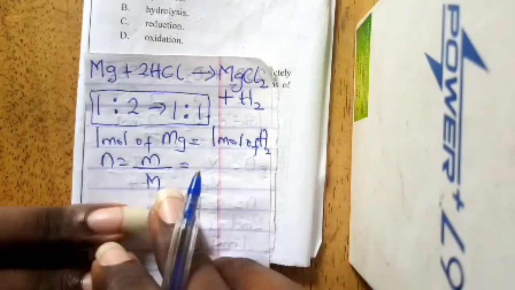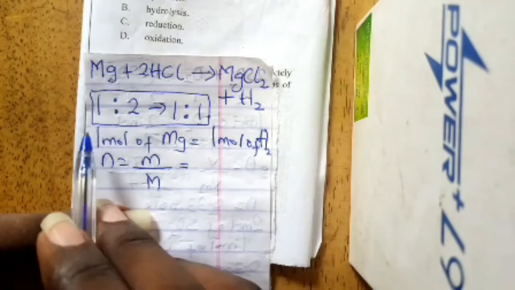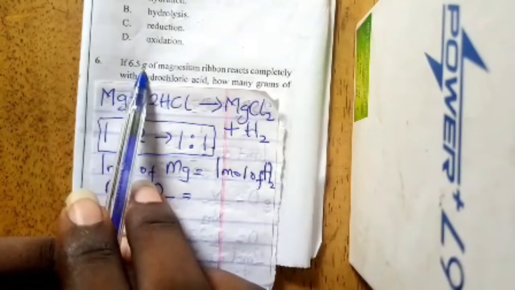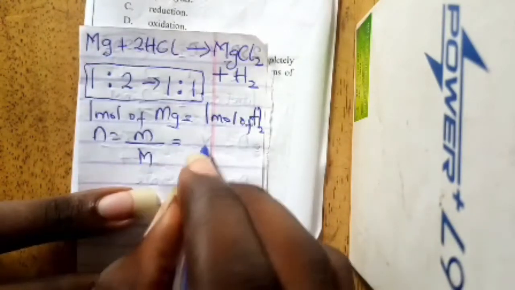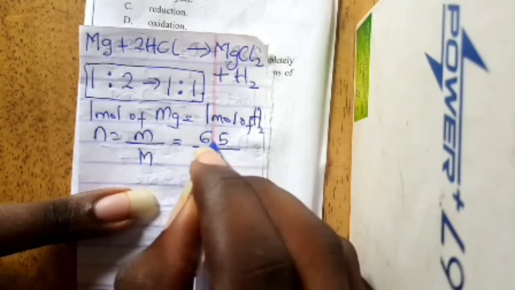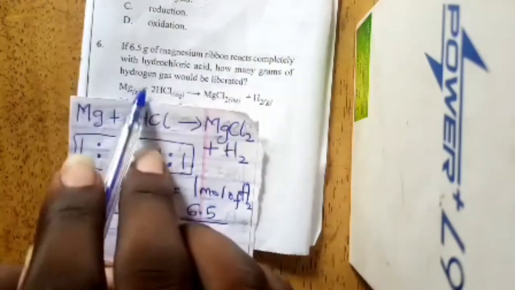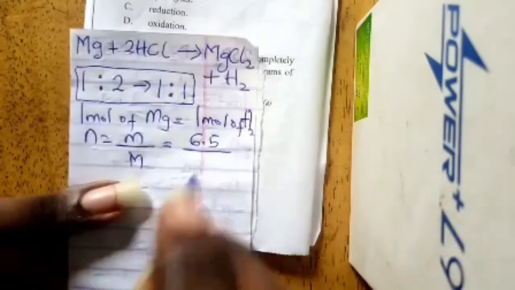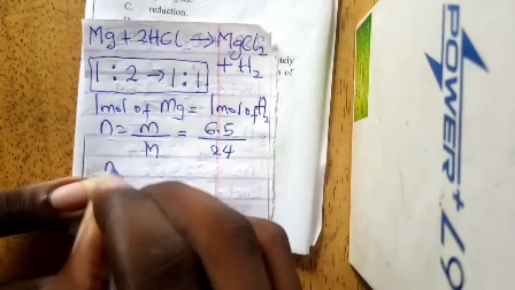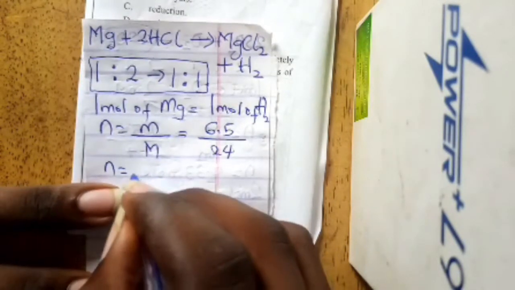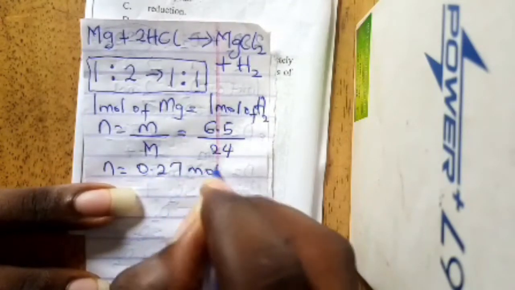So to find the new number of mole now, since we are told 6.5 grams of magnesium, the reacting mass is 6.5. The molar mass of magnesium we're given from the question as 24.0. So n equals 0.27 mole.